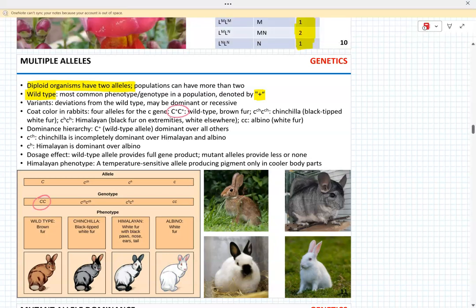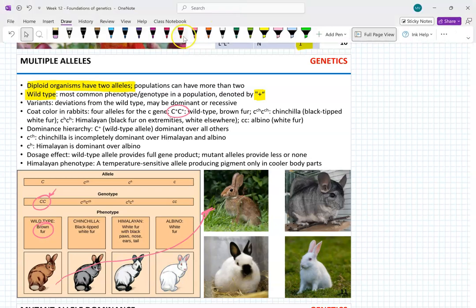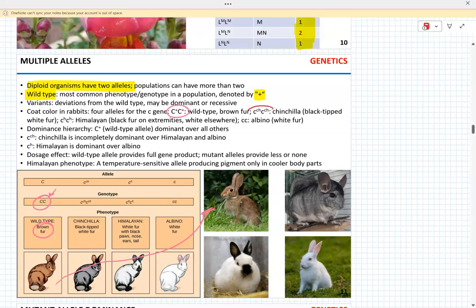These true breeding rabbits produce the brown fur here. The chinchilla alleles produce black-tipped white fur, which you can see here.